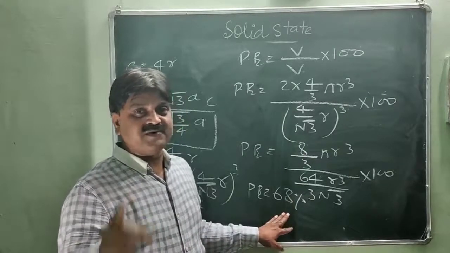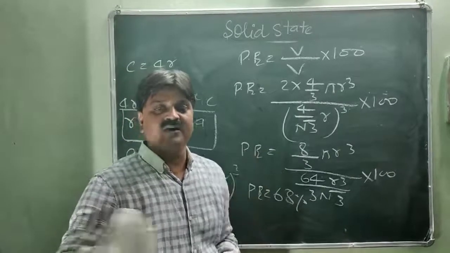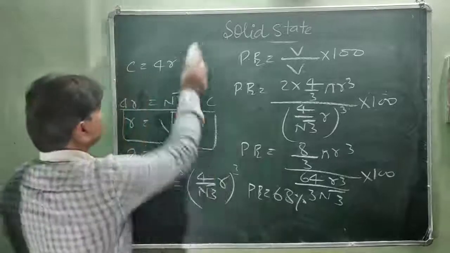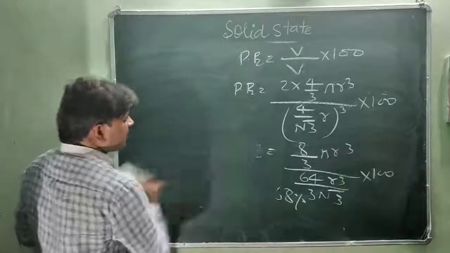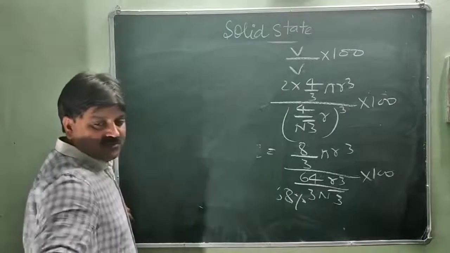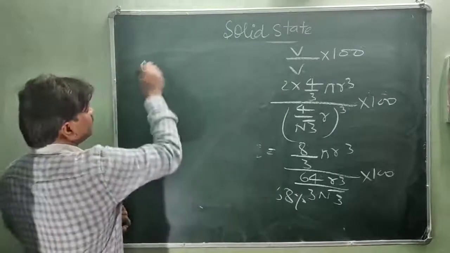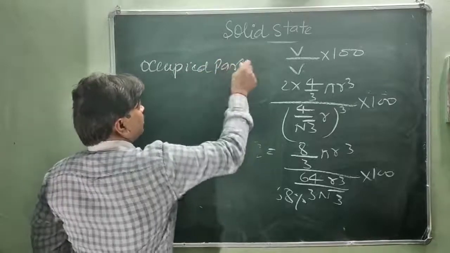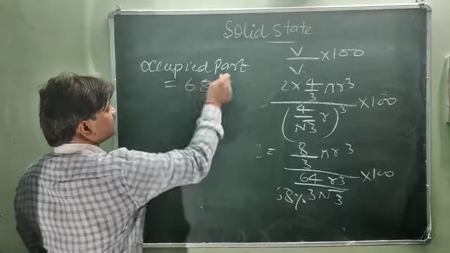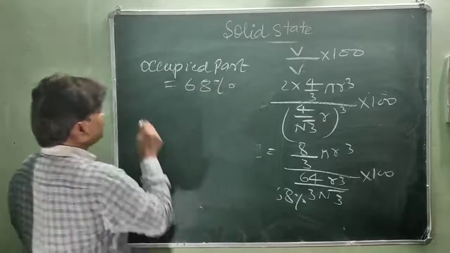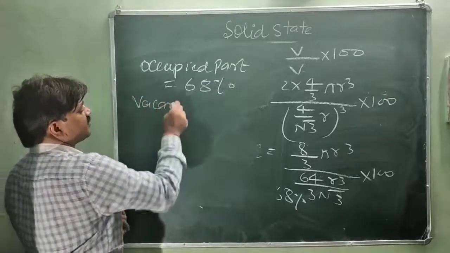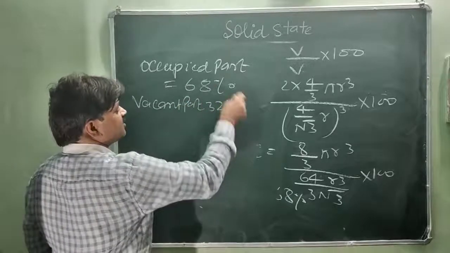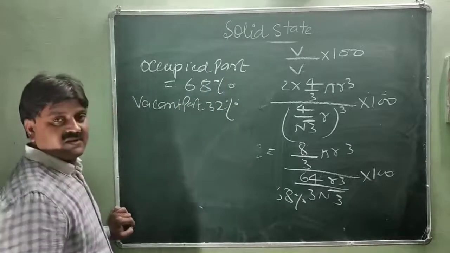This is 68%. So how much part of the cube is occupied by the atoms and how much part is vacant? Here you can write: the occupied part of the cube or unit cell is equal to 68%, and the vacant part is 32%.